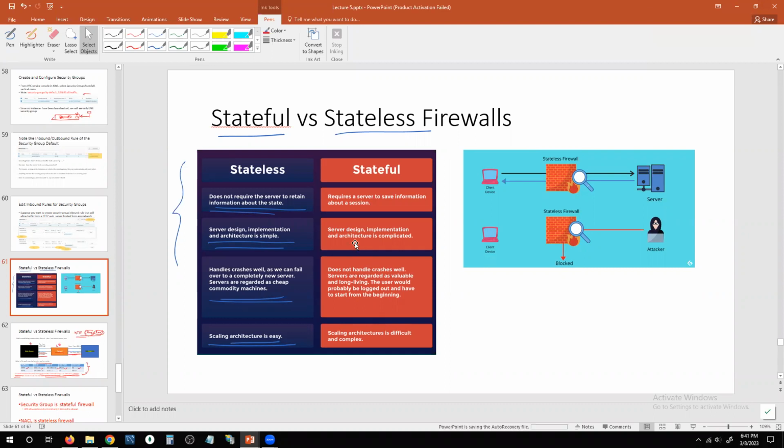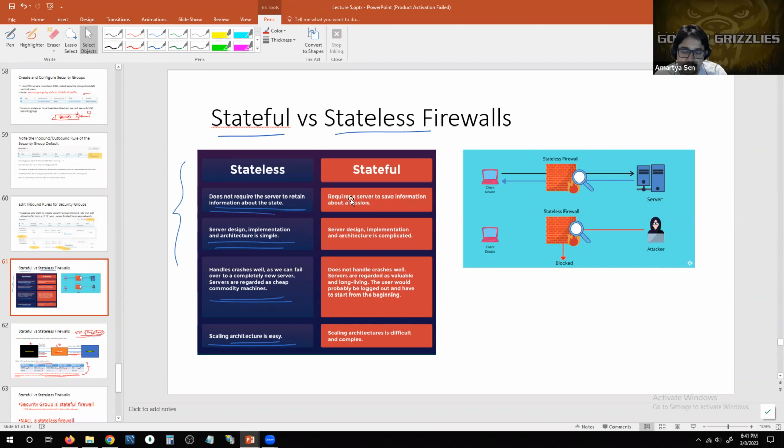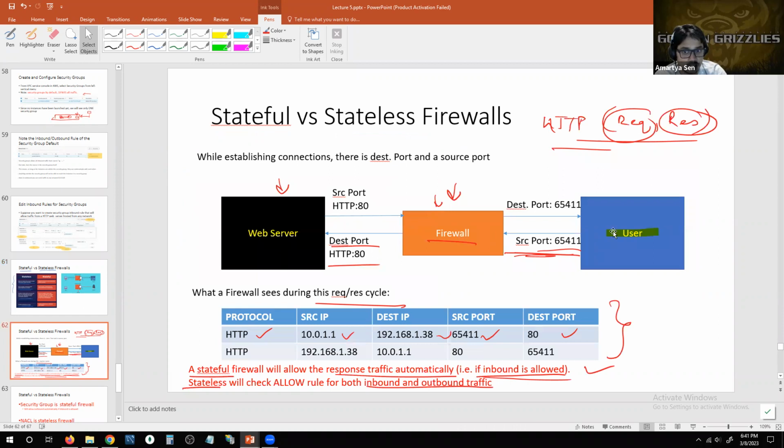Stateful would be storing the IPs somewhere. Right. So if you notice here, in the very first row, a stateful firewall is essentially going to save the information about a session. In this kind of communication, we say that this request-response cycle is done with the establishment of a session.